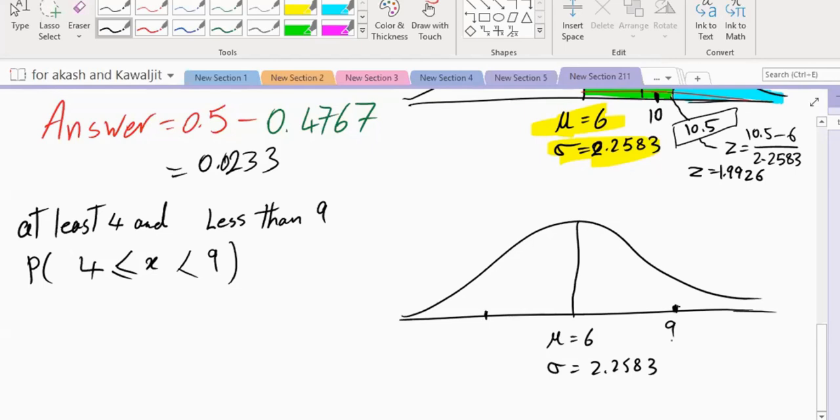If it was really a normal distribution, would it matter if we include 4 or not? No, because the chance of 4 would be 0. But this is not really a normal distribution. It's a normal approximation to a binomial distribution. So it matters that on this side we have less than or equal, and on this side we have less than.